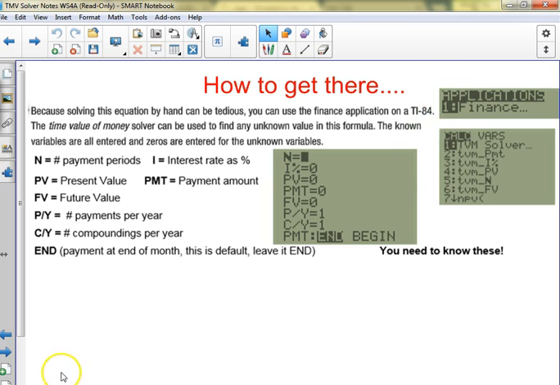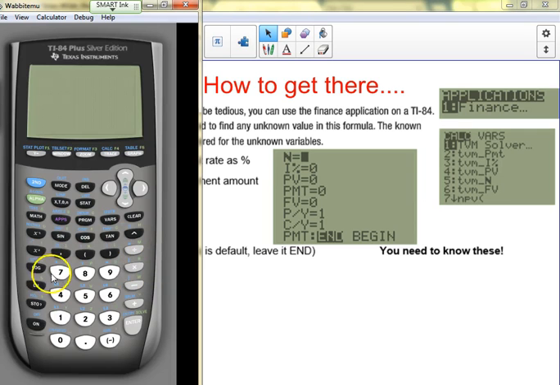The app key is on the left side of your calculator, next to math, it says apps. Everybody find it? The very first one should be finance, and you may have others, but everybody should have finance. Even the oldest versions of the Texas Instruments graphing calculators have finance. Everybody have finance?